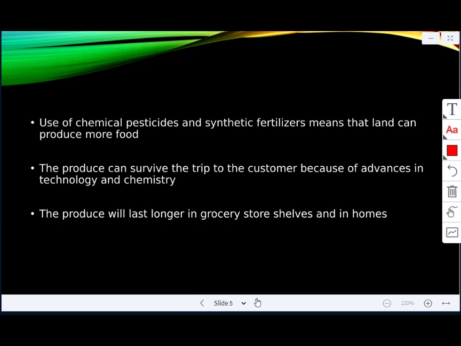Because of these chemical pesticides and these synthetic fertilizers, land can therefore produce more food for the ever-growing human population. Also, the produce, any fruits and vegetables, are now made to survive the trip to the customer because of these advances in technology and chemistry.